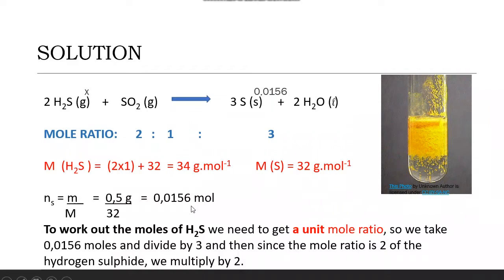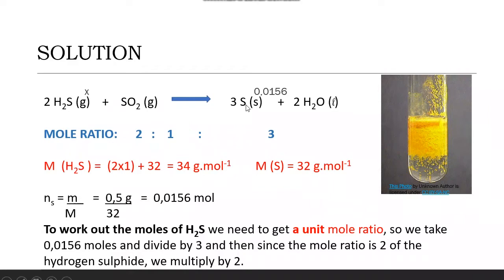In this equation, we formed 0.5 grams. That was the mass we actually formed. We were asked what volume of hydrogen sulfide gas was used, so we let that equal X, the unknown.